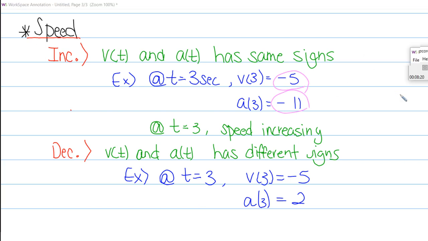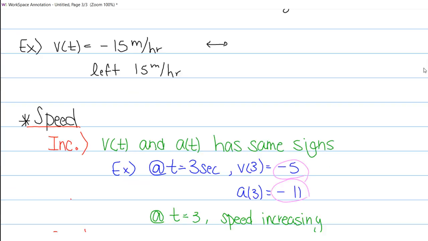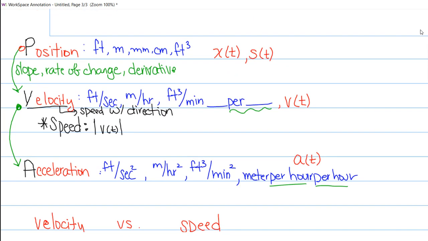Now, here's another thing that I want to do when it comes to PVA. There's language that goes with each of these three things, so I want to go over those as well. When we're talking about position, this is asking us where. So where are you at this time? Then we should be looking at the position function. But if they ask you, how fast are you moving? Or where are you stopped?